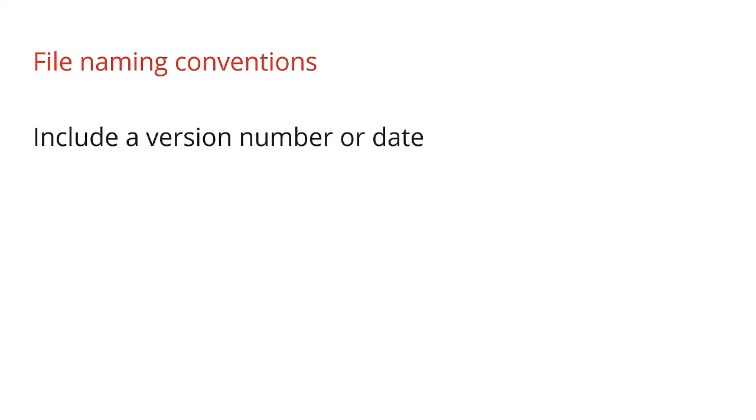Now, make sure you include a version number or date. This is one that students often overlook, and it can end up giving you headaches down the line because you shouldn't be working on the same file over and over and over.